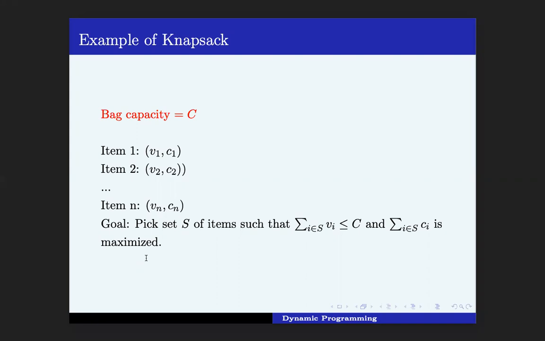If you have not heard of NP-hard problems, don't worry, I will do them later in this course. So this problem is very hard, meaning you don't expect a polynomial time algorithm for it.